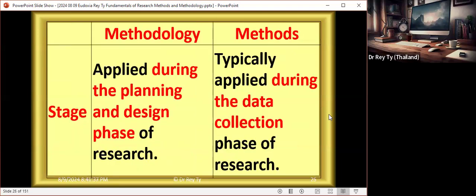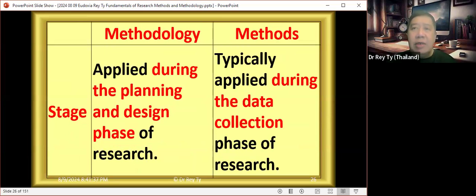And then the stages during which you work on methods or methodology will also depend on one, during the planning stage, you are in the methodology part. Like, what should I do? Should I write a humanities paper or should I write an empirical paper, which is inductive?